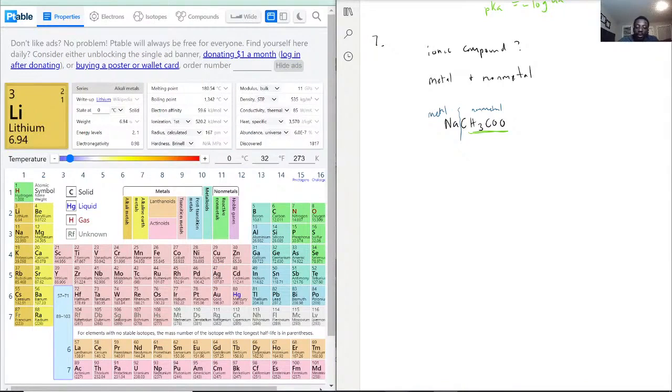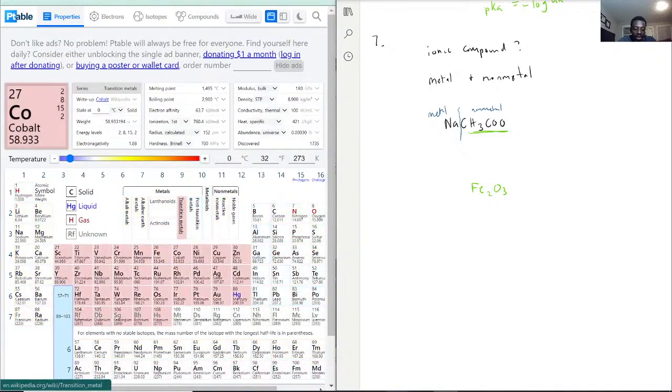But now the question is, what if you had Fe2O3, iron oxide? Is this an ionic compound? Well, you have to look at the periodic table for that, and these are the kind of things you have to memorize. When you highlight over iron, it actually says what it is.